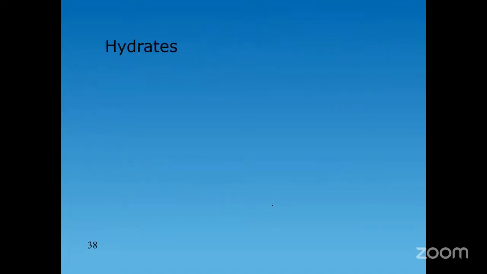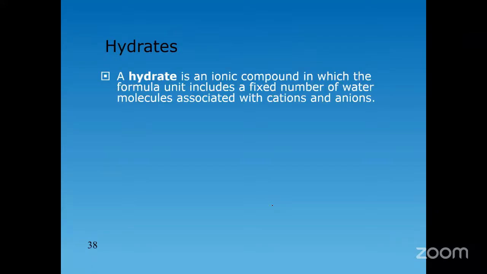Okay. Now, here we're going to get into a special group of compounds, which I don't think you'd have met before. These compounds are known as hydrates, right? If you look at the formula for a hydrate, there's an ionic part to it, and then you have a certain amount of water per formula unit.